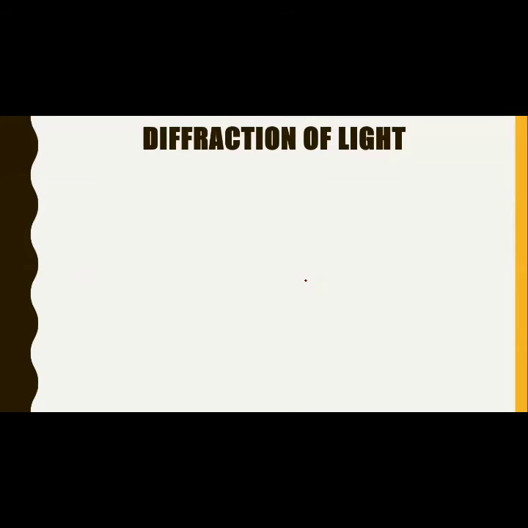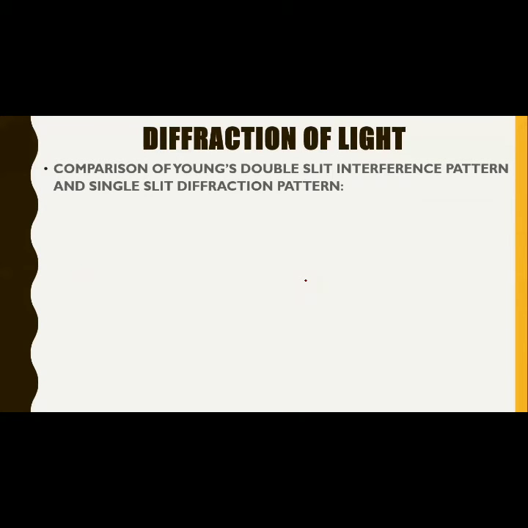It is a comparison between two experiments: Young's double slit experiment, which was carried out to find the interference pattern, and the Fraunhofer diffraction, which is the single slit diffraction pattern. So we are going to compare both of them.